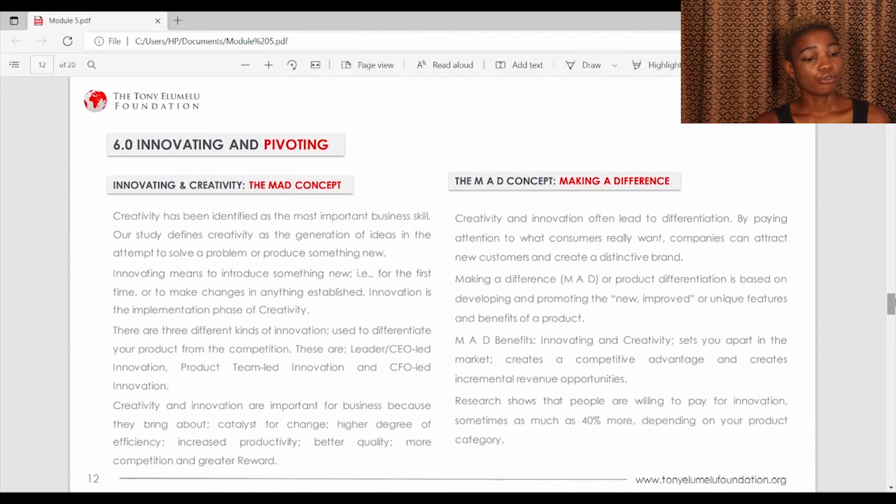Innovating and pivoting. Innovating and creativity, the MAD concept. Creativity has been identified as the most important business skill. Our study defines creativity as the generation of ideas in the attempt to solve a problem or produce something new.